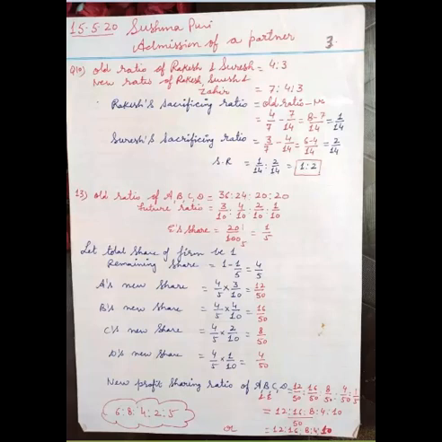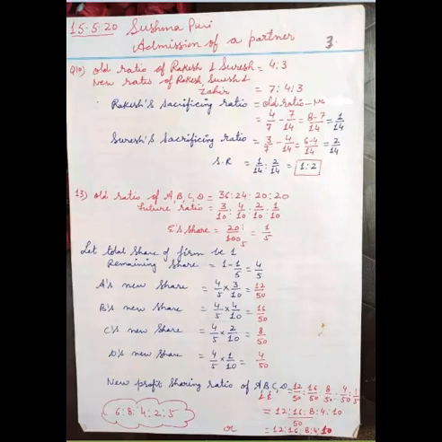The new profit sharing ratio of A, B, C, D is 12 upon 50, 16 upon 50, 8 upon 50, 4 upon 50, and 1/5. Now you take LCM, that is 50, and divide by 50. You will get 12:16:8:4:10. If you reduce it, you will get 6:8:4:2:5.